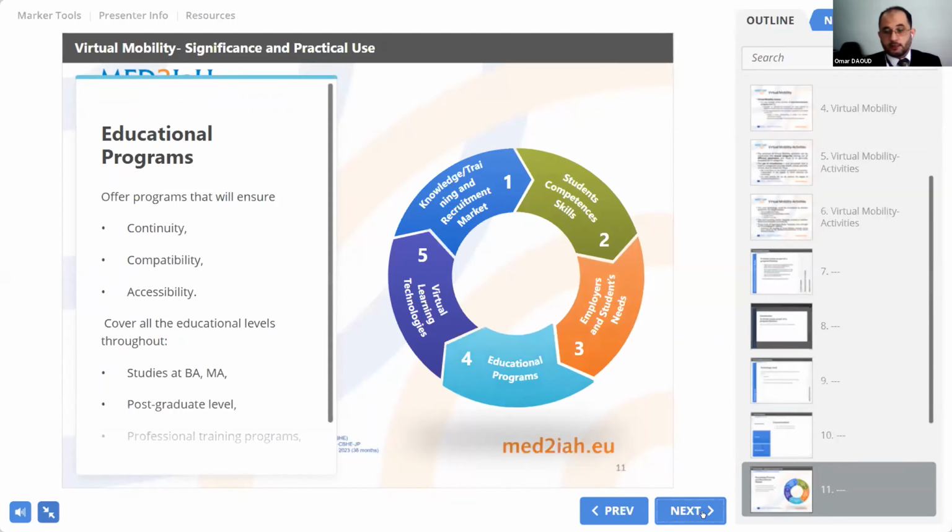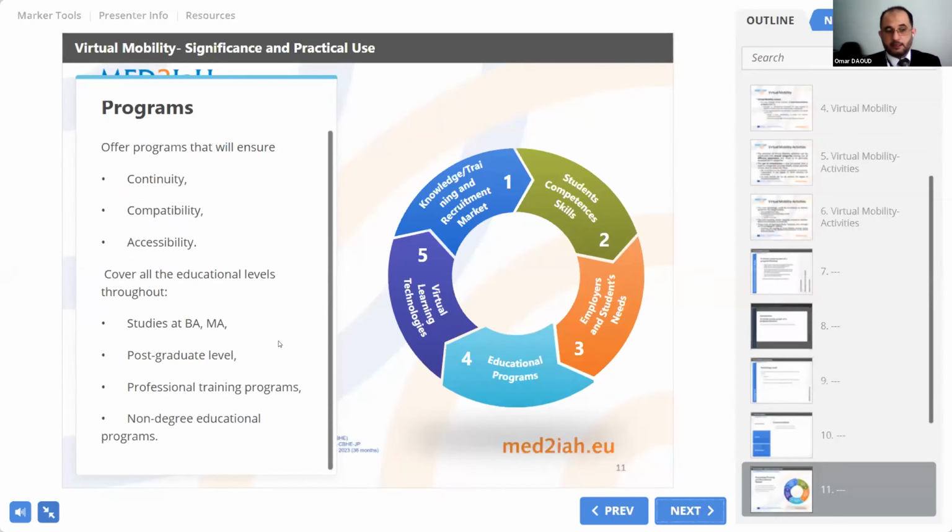From the educational program point of view, offer programs that will ensure continuity, compatibility, accessibility, and cover all the educational levels throughout different studies, different learning levels, different professional training programs, or non-degree educational programs.